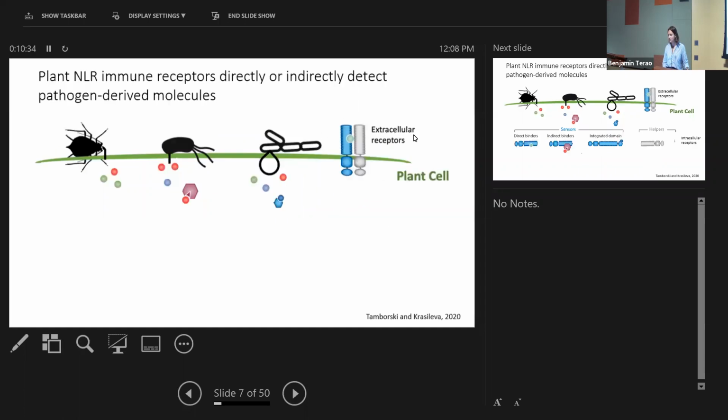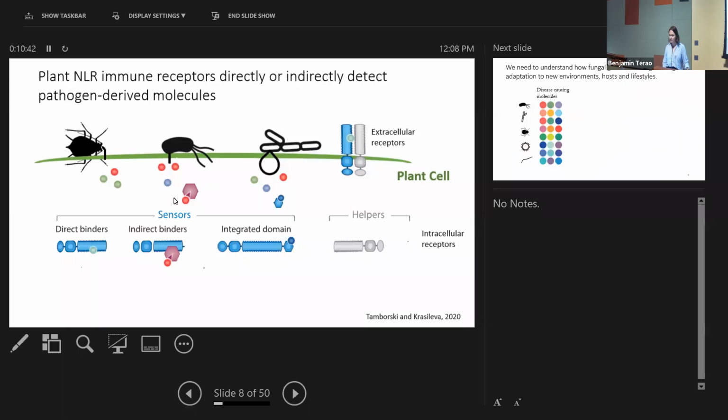And we talk about the sets of extracellular immune receptors that can recognize pathogen-derived molecules. And my lab specializes in the sets of immune receptors that are inside the cell. And they can recognize these pathogen effector molecules, either by directly binding them, right, or by monitoring host proteins targeted by the effectors.